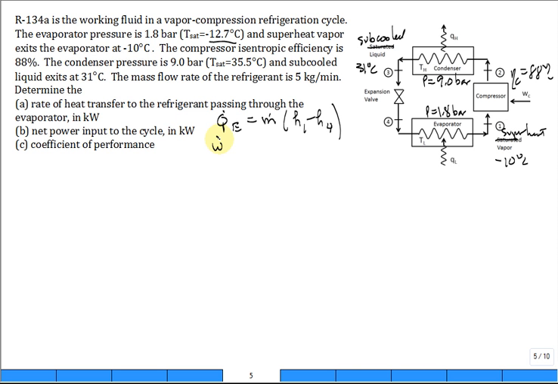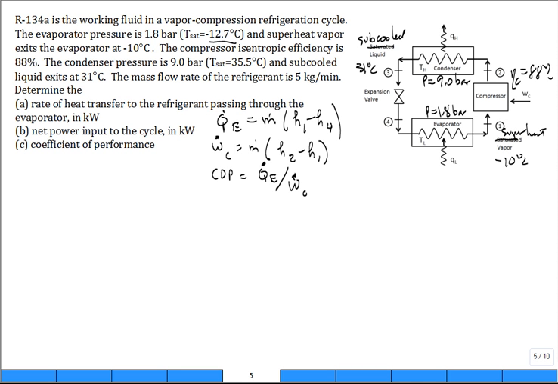That's going to be to run the compressor, the mass flow rate times H2 minus H1. True? And then the coefficient of performance, COP, is going to be the ratio of what I want, a lot of cooling in the evaporator, to what I have to pay for to run that compressor. So the ratio of the answers for parts A and B is the answer to part C.